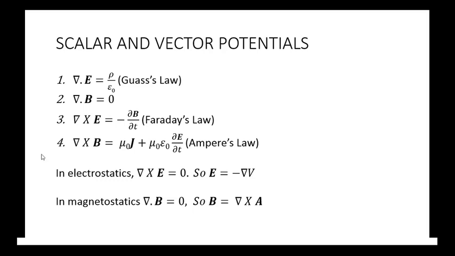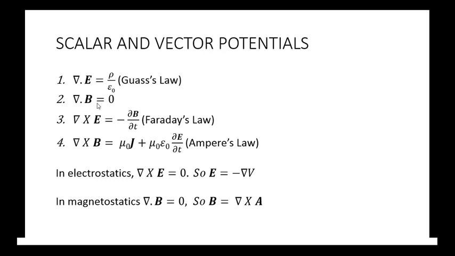Also we have the Maxwell's equation del dot B is equal to 0. Since del dot B is equal to 0, B can be represented as del cross A. That means if divergence of a vector is equal to 0, that vector can be represented as a curl of a function.